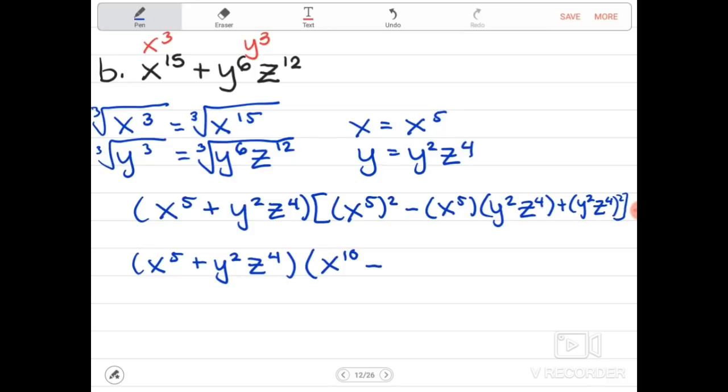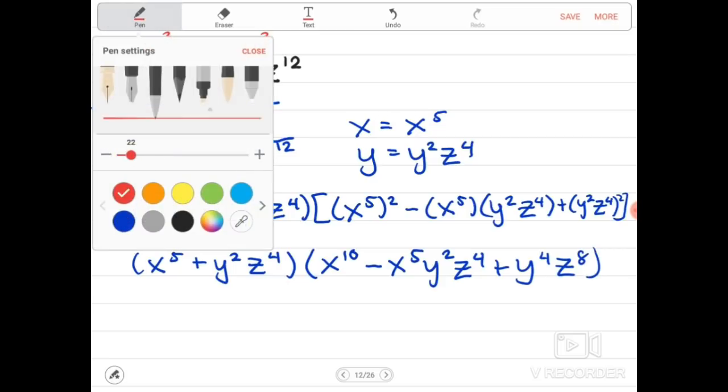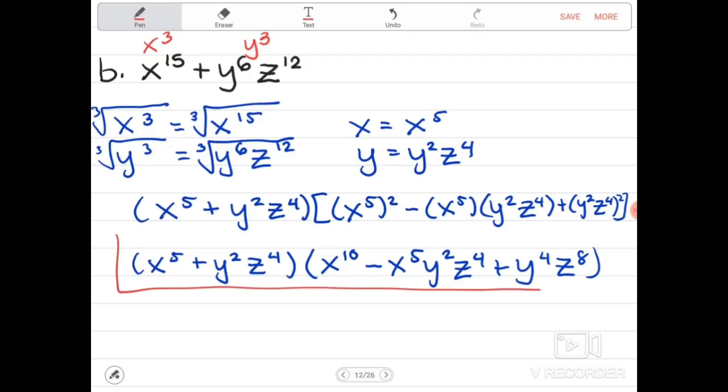Then, we have minus x raised to 5, y squared, z raised to 4, plus y raised to 4, z raised to 8. Okay? So, this will be our final answer. So, ganun lang kadali yan.